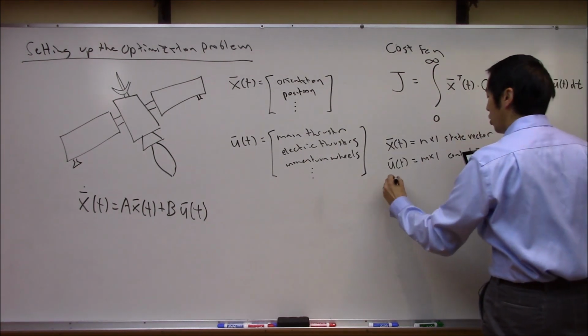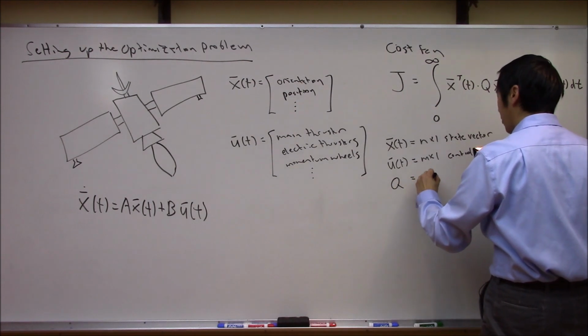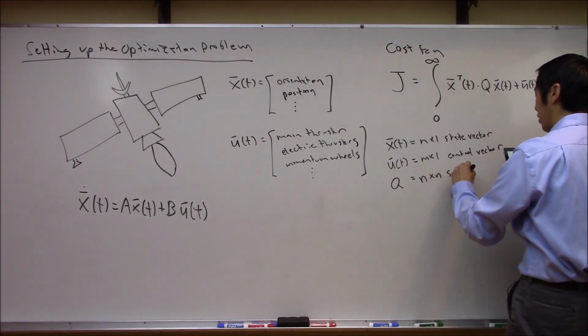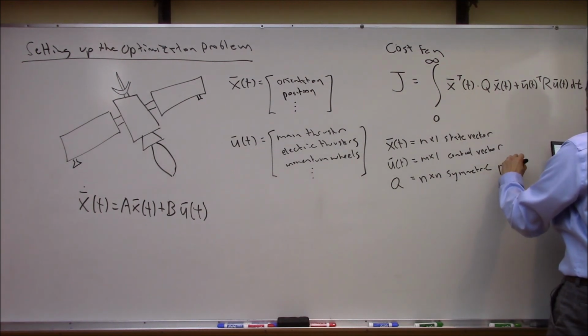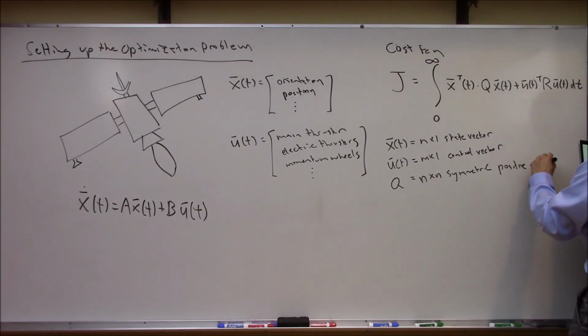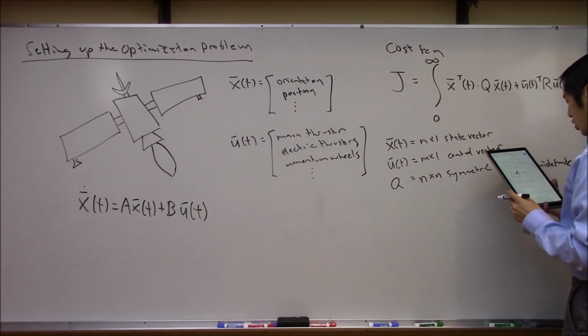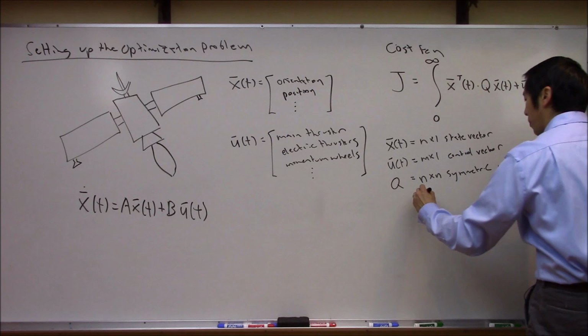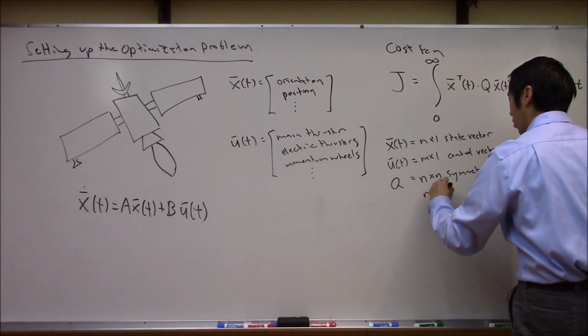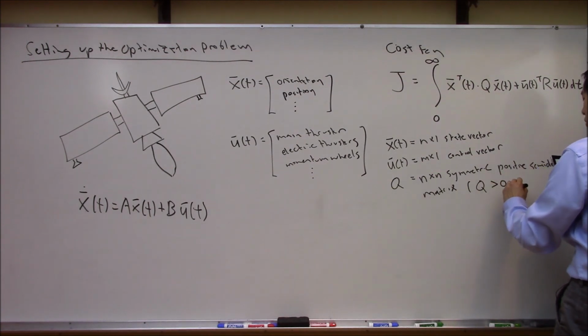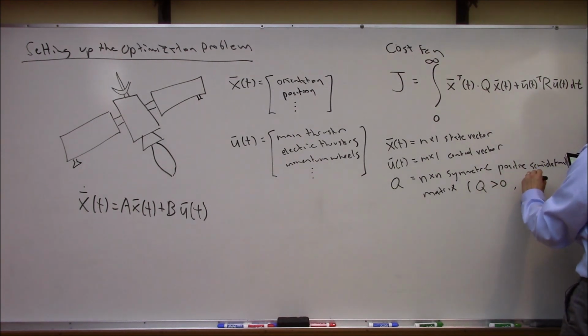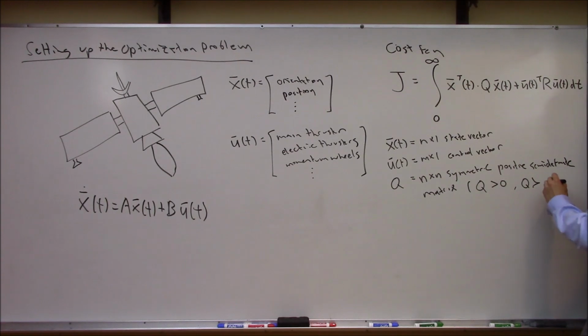And here, Q is an n by n symmetric positive semi-definite matrix, and we'll talk about the definition of that. Sometimes you'll see this written as Q greater than or equal to 0, or sometimes you might see Q with this kind of scripty greater than symbol.